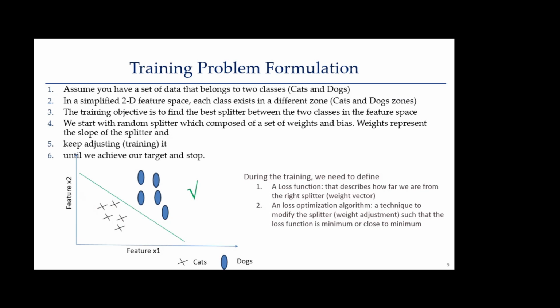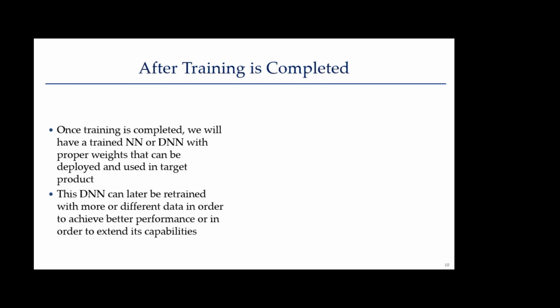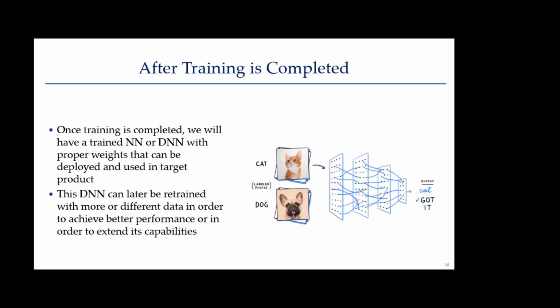Both elements are necessary to reach our training targets. Once we have completed training, we can use the model with the produced weights in deployment. Based on the quality of the training, the model should produce good or bad results accordingly.